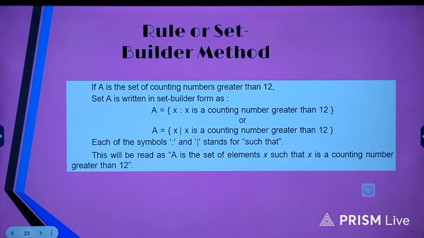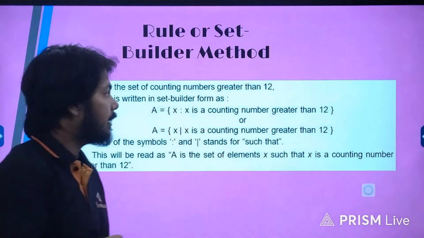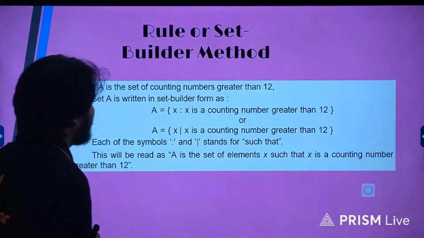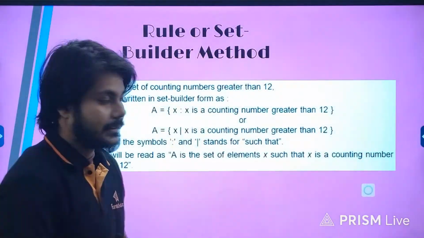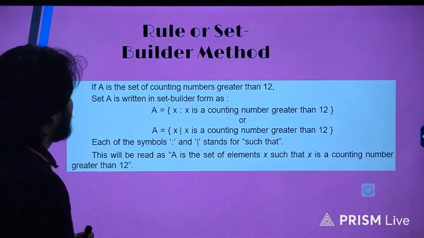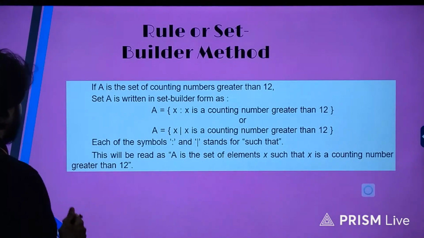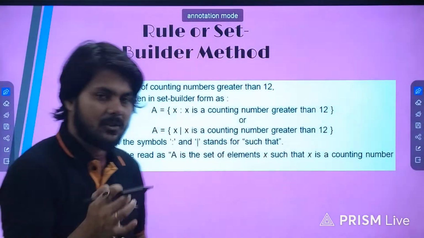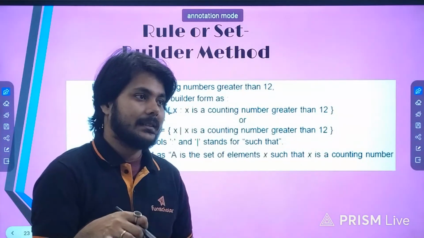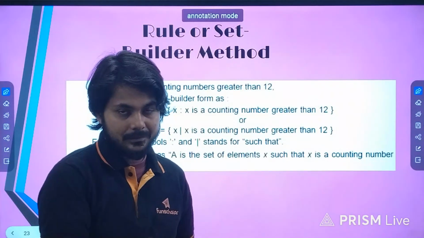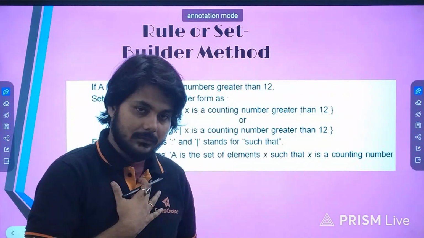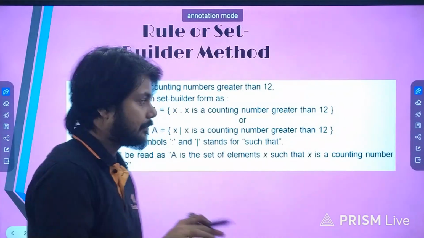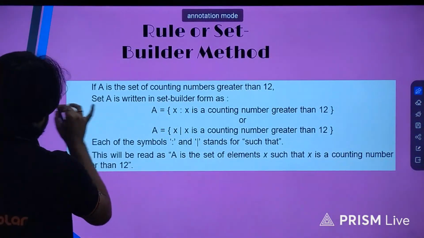Now, the set builder method. The third way of representing sets is the set builder method. This is not that complex, but it is more complex than the previous two. But believe me, it is not that complex.